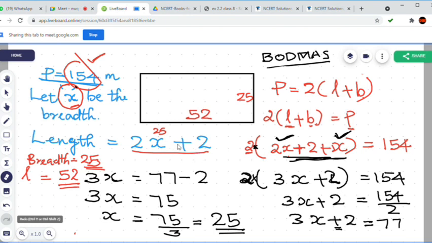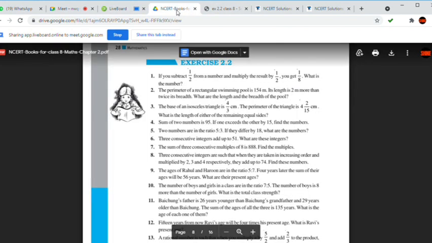Then we can apply length, breadth, perimeter, everything in the formula P is equal to 2 into L plus B. There you apply the values, then we can simplify, and last we have x is 25. x means the breadth is 25, so length is 2x plus 2, that is 52. So these are the length and breadth of that swimming pool. That is the question. What is the length and breadth of that pool? That is the question.